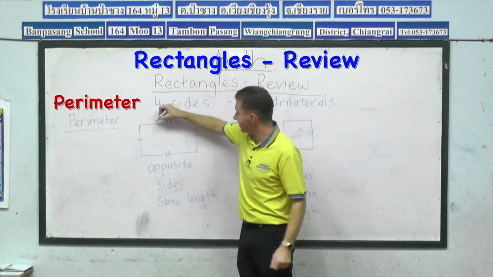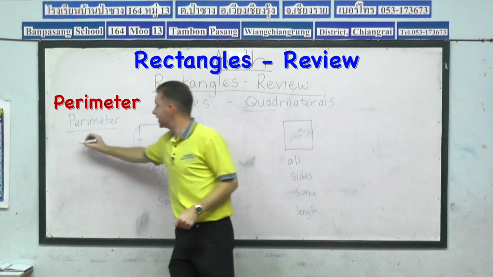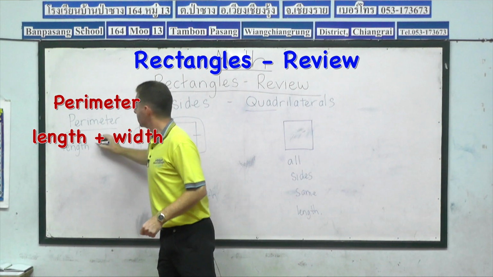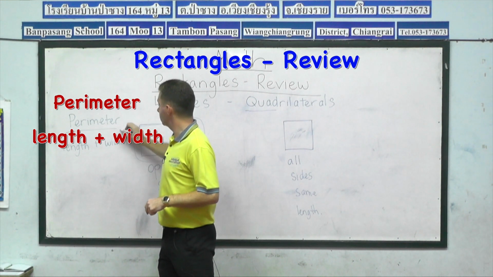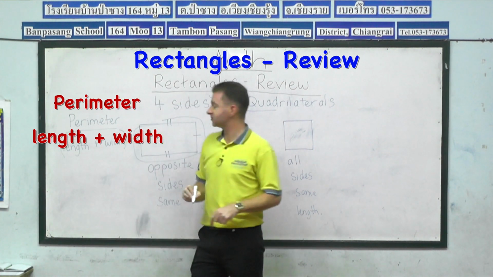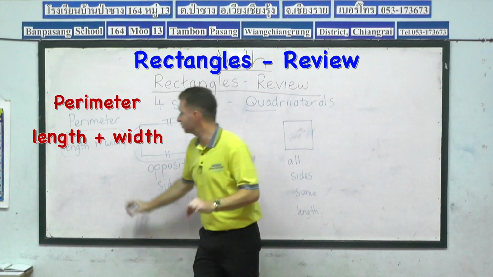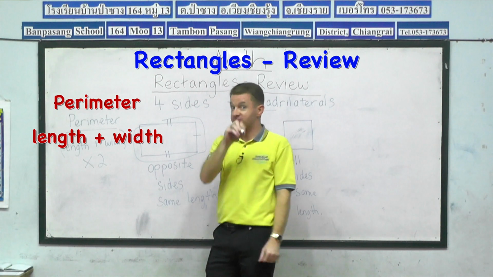We take length plus width, okay? And we can put that calculation in brackets because it's the one we do first. Then when we have the answer for length plus width, times 2, okay? Now that's the perimeter.